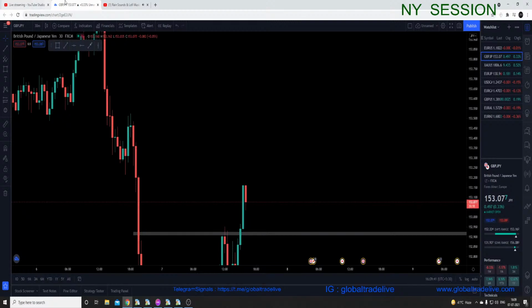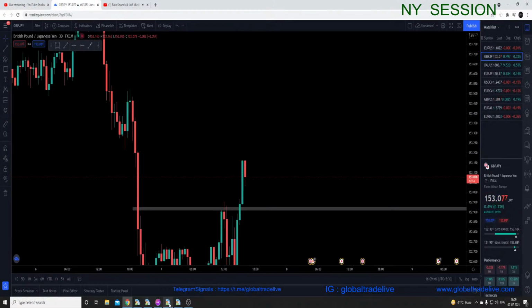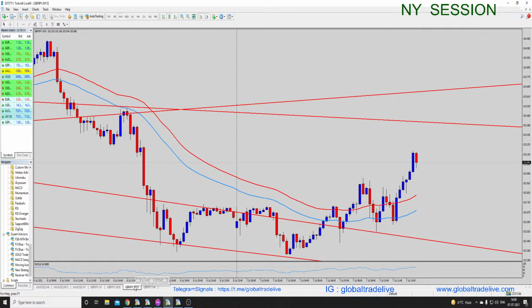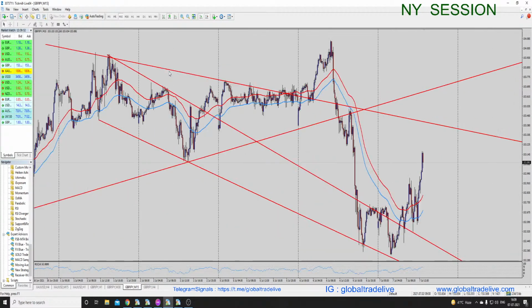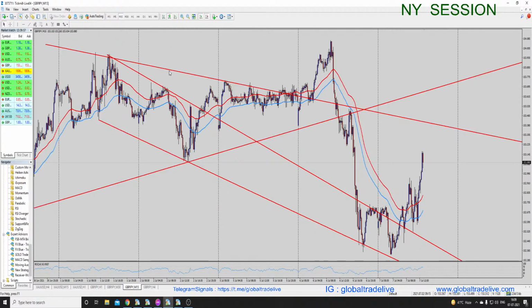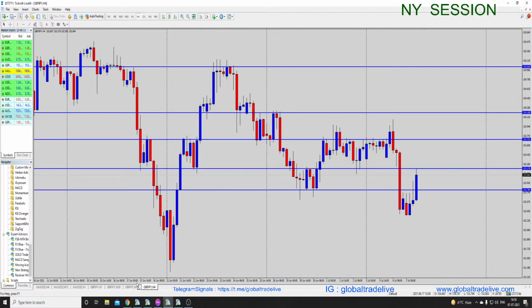Okay, so here let's see what we can analyze from this. Let's go to the 15 minutes over here, and if we zoom out a little bit, by looking at the 15 minutes right now, it looks like it will be going up to this area at least, which has 22-24 pips of range.